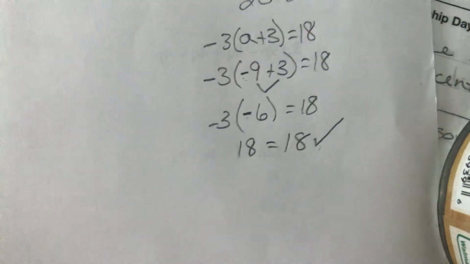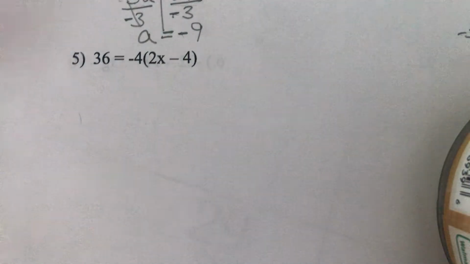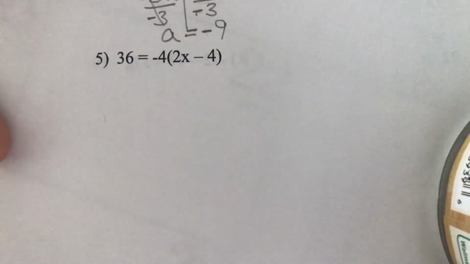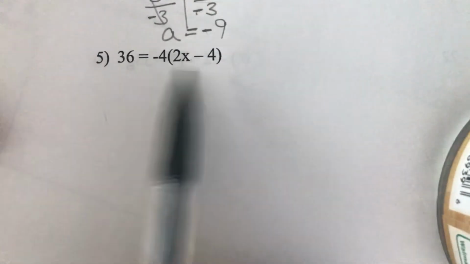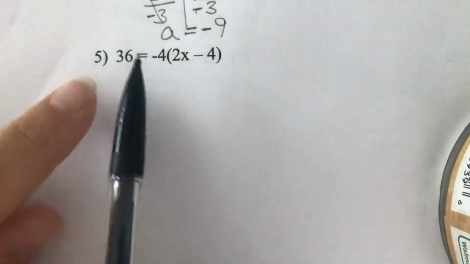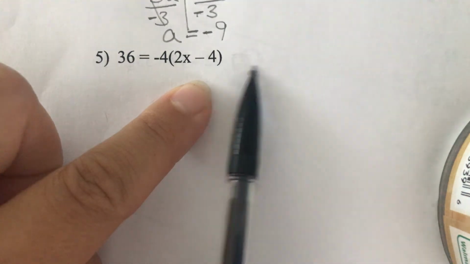All right, one more. And then you'll finish the few examples after the video here. Well, this looks a little different. So what I've done was just flip it around. Sometimes we're not used to seeing this and we don't like it. You can scribble this out and write the equal sign over here.